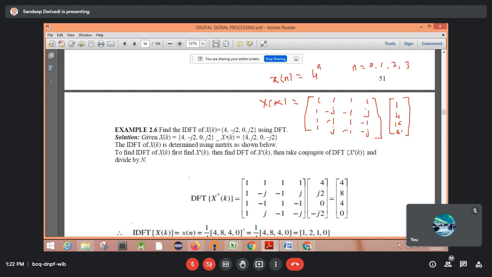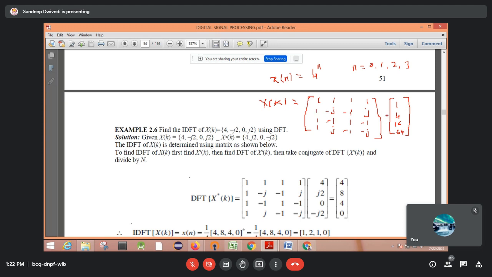Sometimes they will take this signal like 2 raised to power n, and they will ask you the same question. Here you just need to do the multiplication, and that will be your answer. I think I don't need to tell you this multiplication again. Just take this row, put it on this column, multiply and add, and you will get the first value.